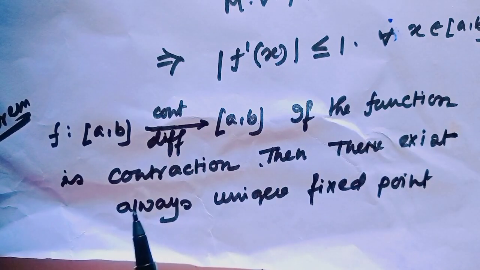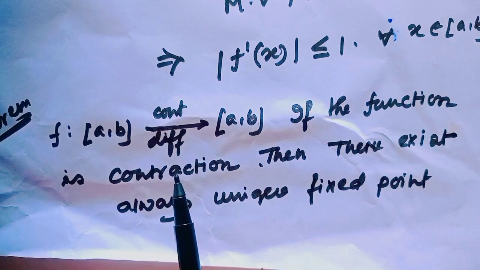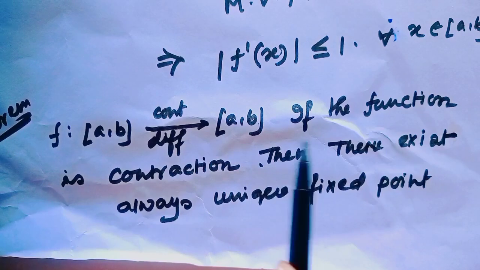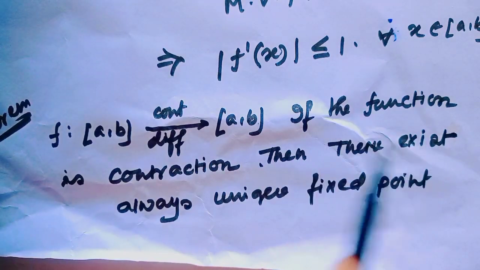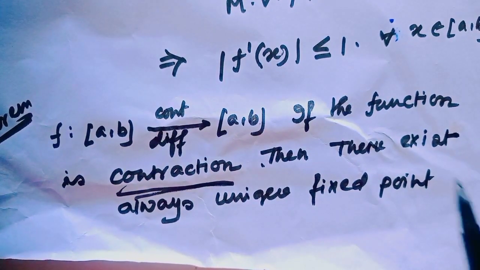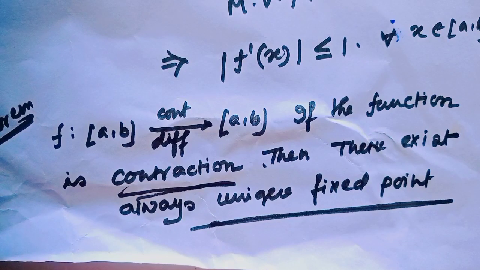And there exists a nice theorem. If f is a continuous and differentiable function from closed interval [a, b] to closed interval [a, b], and the function is a contraction mapping, then there always exists a unique fixed point. Any contraction map always has a unique fixed point, and this is the shortcut method to find the fixed point.